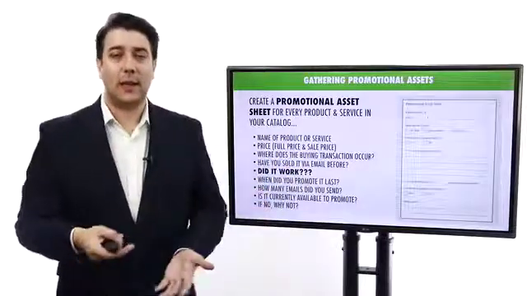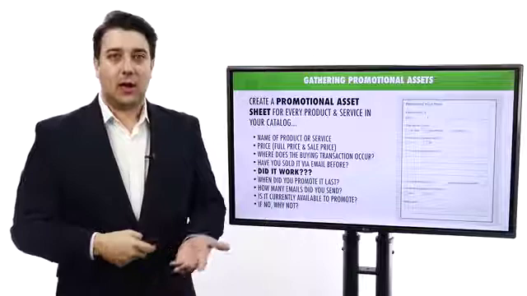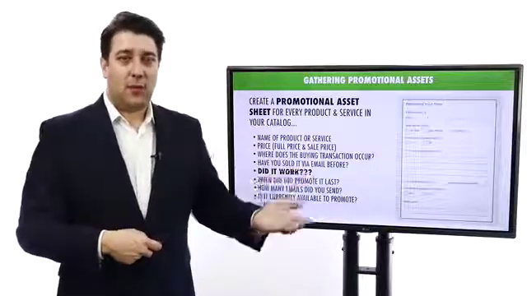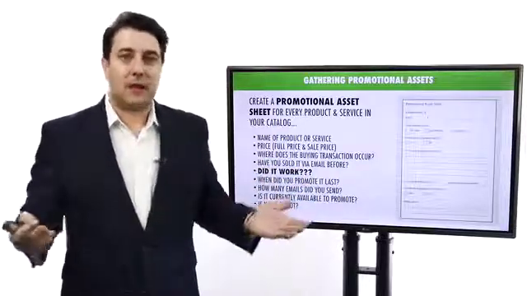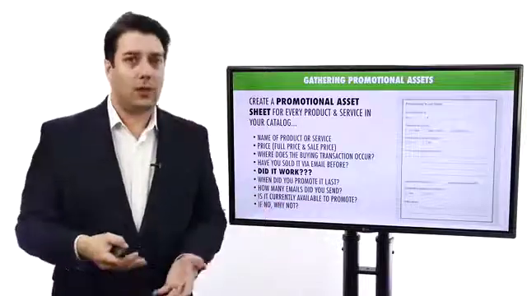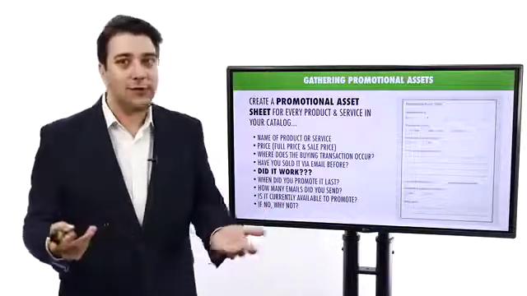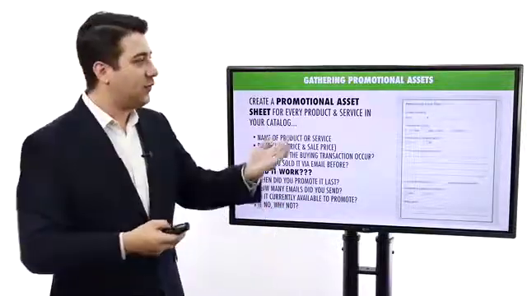Am I missing anything? You would be surprised at how many times we've gone back through and found promotions and products that we completely forgot about that did very, very well and generated hundreds of thousands of dollars that we just forgot.